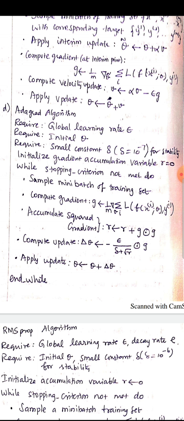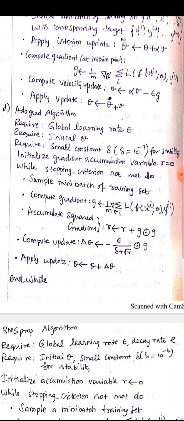The squared gradient is nothing but taking the norm of that vector, that is, the squared norm of your gradient vector. The squared norm of the gradient vector is accumulated in your variable r. At the first iteration there will be a 0 value in r. From the second iteration onwards it will have r plus the squared gradient norm of the previous iteration. And using that r value, the update delta theta is going to happen on your parameter set.